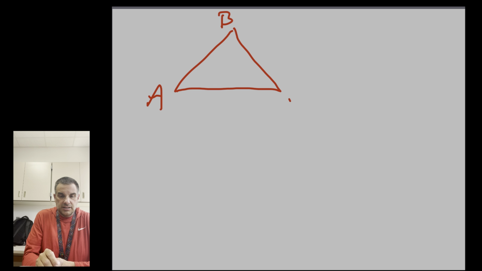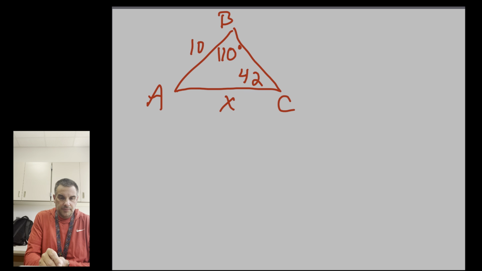Let's look at another one. Okay, so here's our triangle. We'll call this ABC. We're going to go with this is 42, this is 10, and this is 110 degrees. And we want to find the length of AC, so we want to find this side down here.